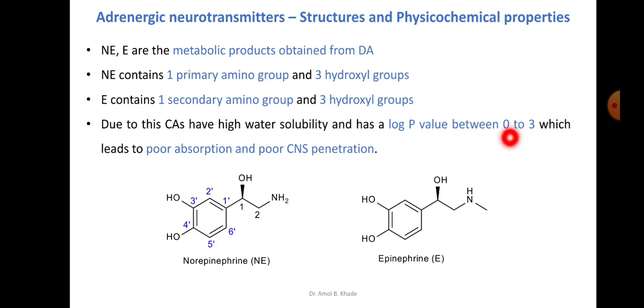Towards 0, log P indicates the compound is hydrophilic, and towards 5 it will be more lipophilic. Because of these hydroxyl groups and the amino group, it becomes more water soluble, hydrophilic, and this leads to poor absorption into the CNS. So that leads to poor CNS penetration, and they will not act on the central nervous system.